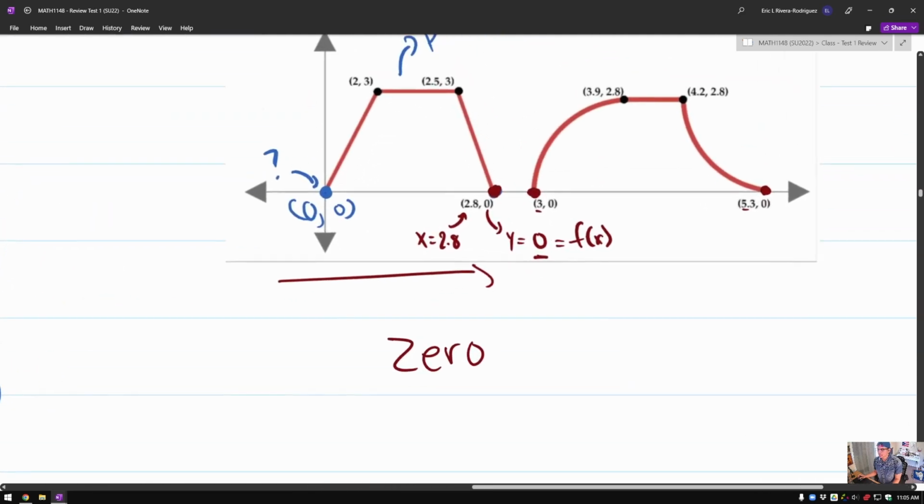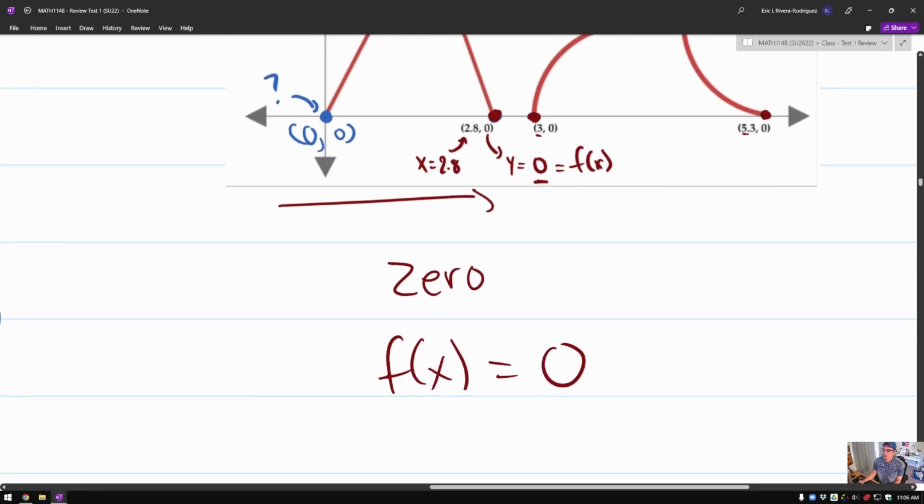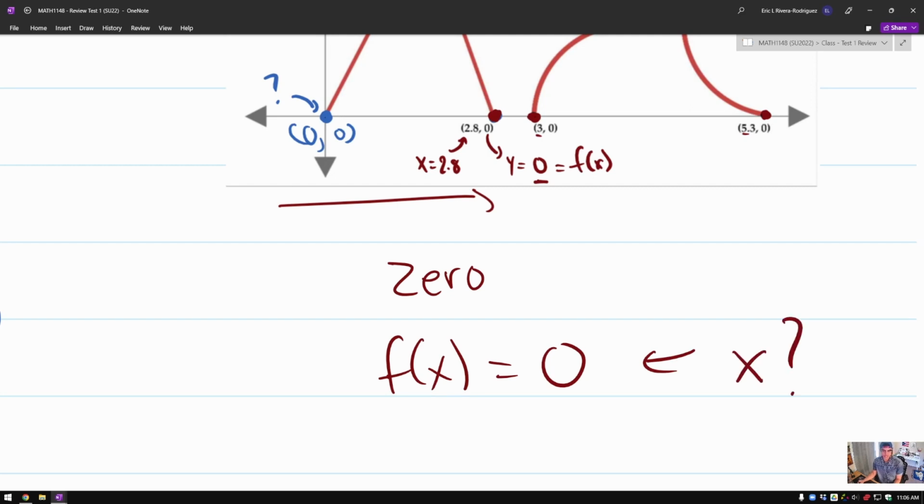Okay, now we need to find those values where the value of the function is 0. So we need to find the x values that make this happen. What are those x values?